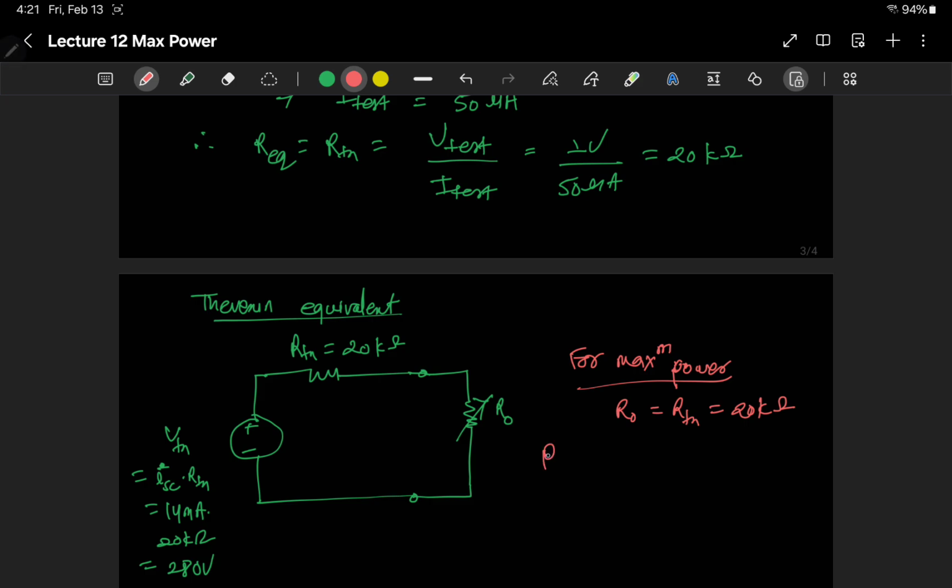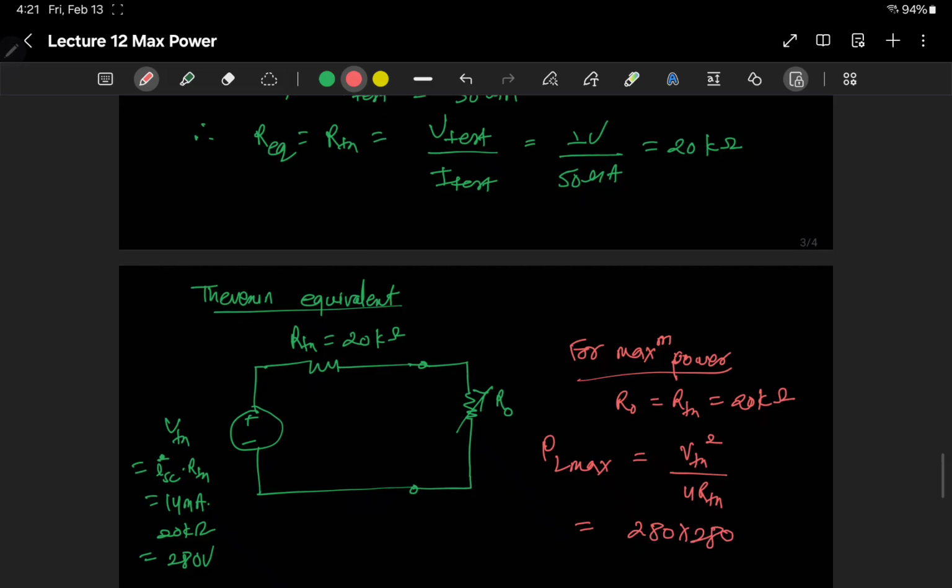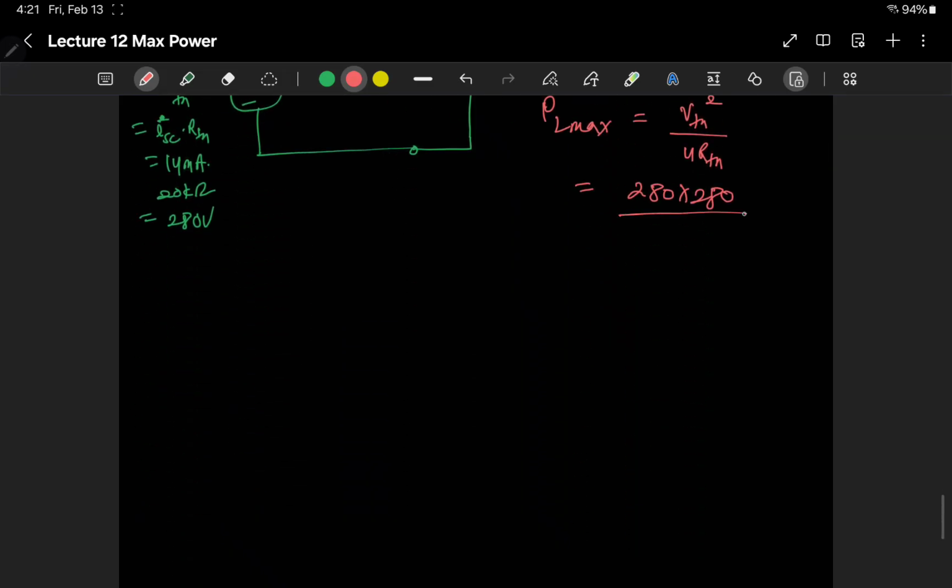So PL max would be VTH square divided by 4 RTH, and that would be 280 times 280 divided by 4 times 20 times 1000 ohm. So that will give you 0.98 watt. So that is our final answer.